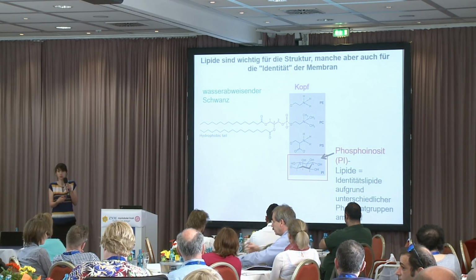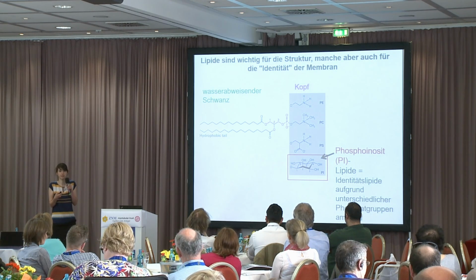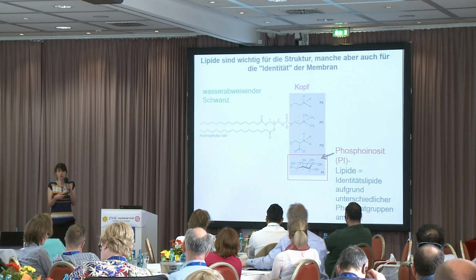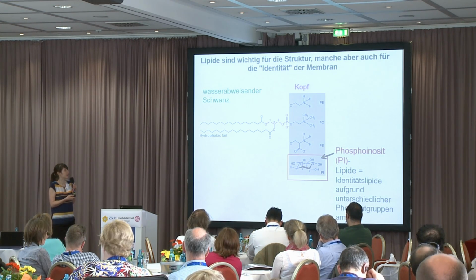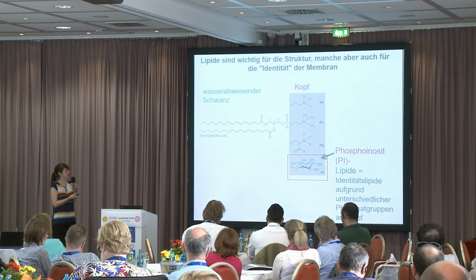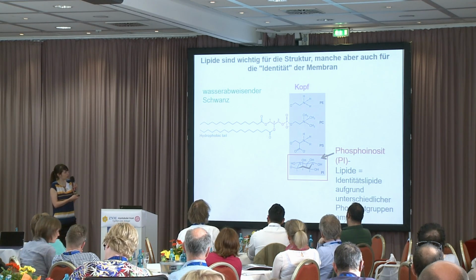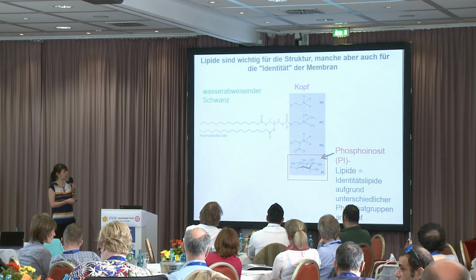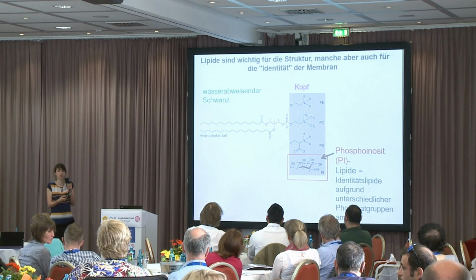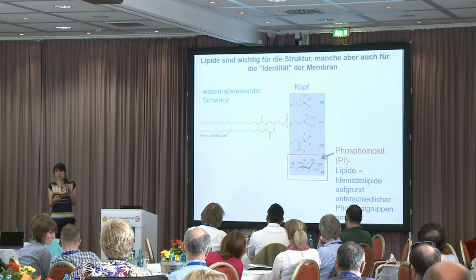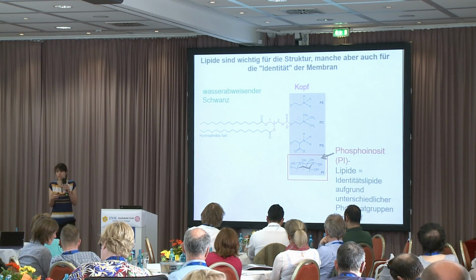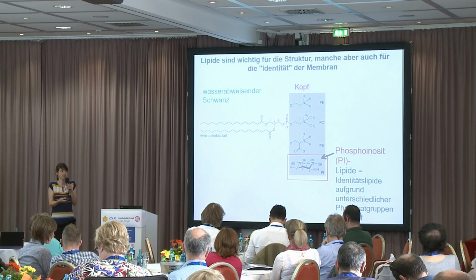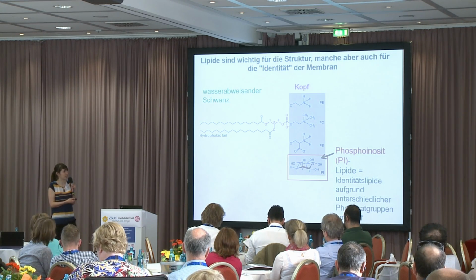There are different types of lipids in cells. There are structural lipids that define how the membranes are formed, if they are round or straight, if they are rough or smooth. And those are the structural lipids. What we are concerned with are the phosphoinositide lipids, the PIs. And they give more information about the cell, what the name of the cell is, what its function is.